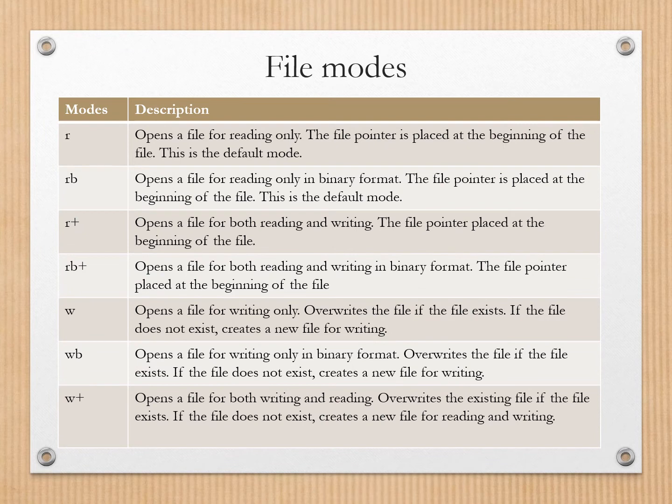Below are listed some of the file modes. r is the character which represents reading only, rb represents reading in binary format, and r+ represents both reading and writing. w represents opening a file for writing only, and wb is for writing in binary format. w+ represents both reading and writing.